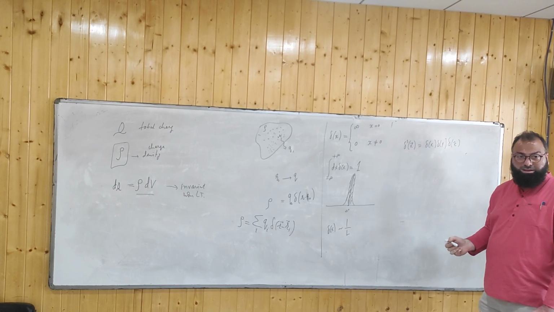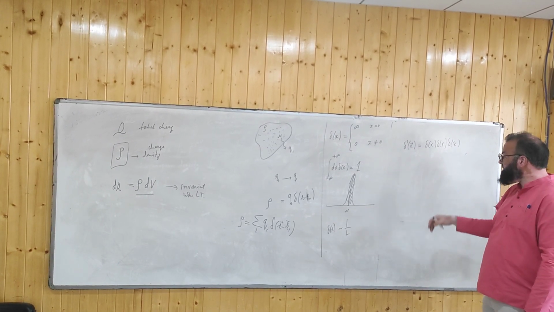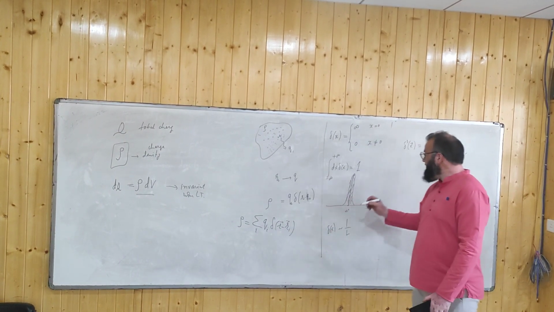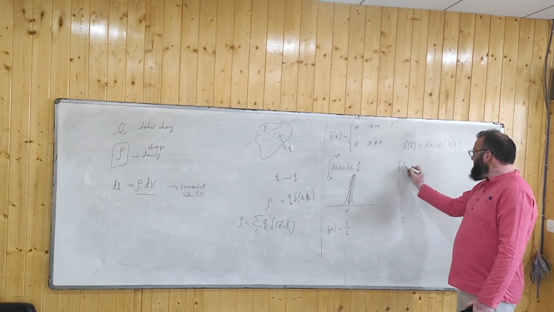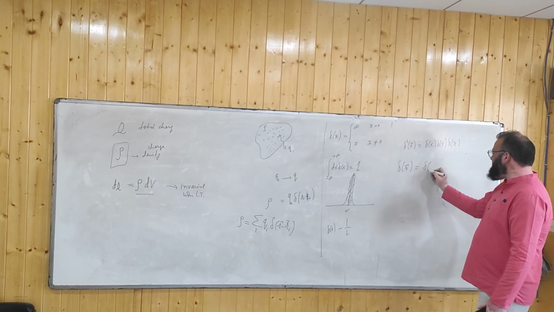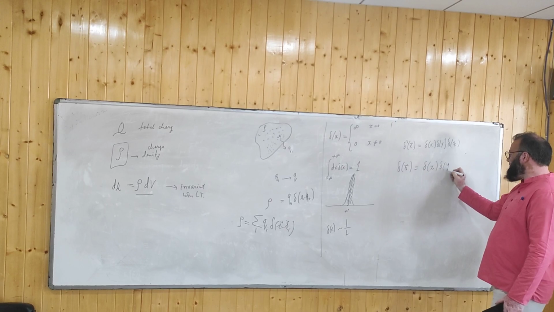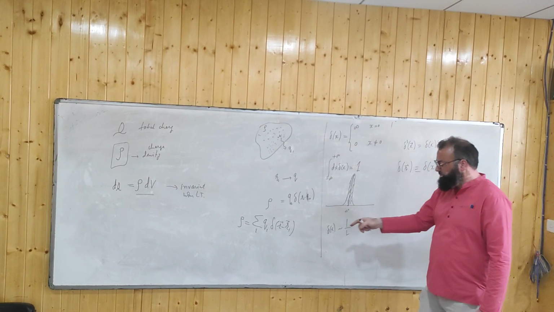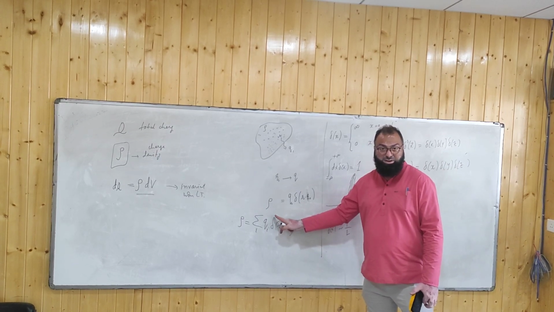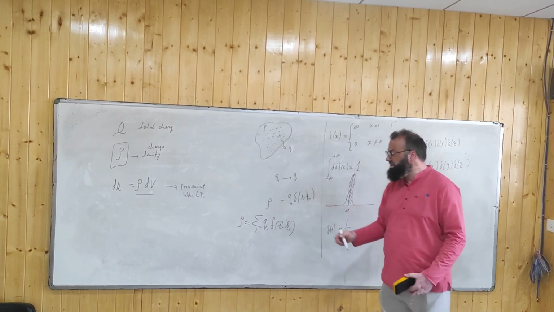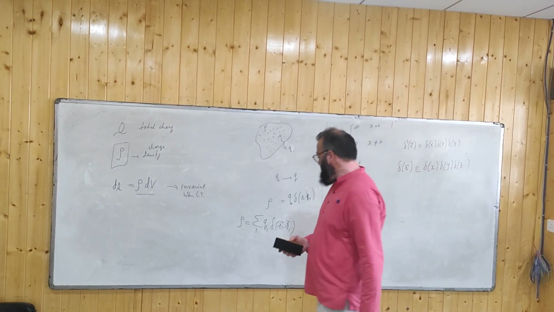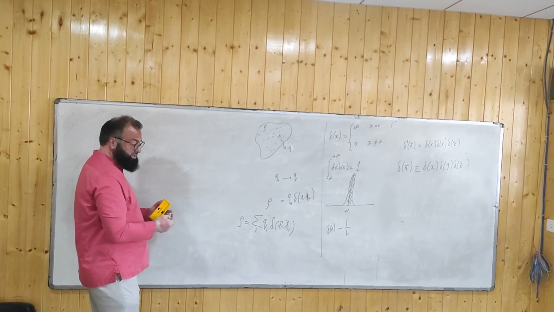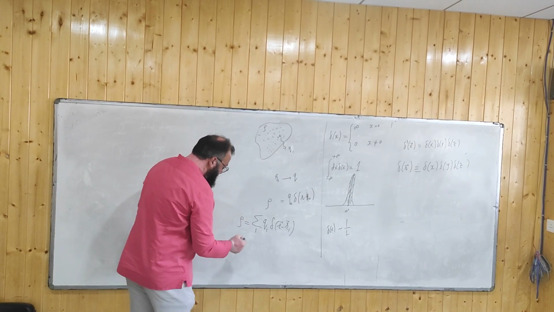I have put r as a position vector, and I will not put the 3 explicitly here. So this is how we define the charge density of the point charge distribution.